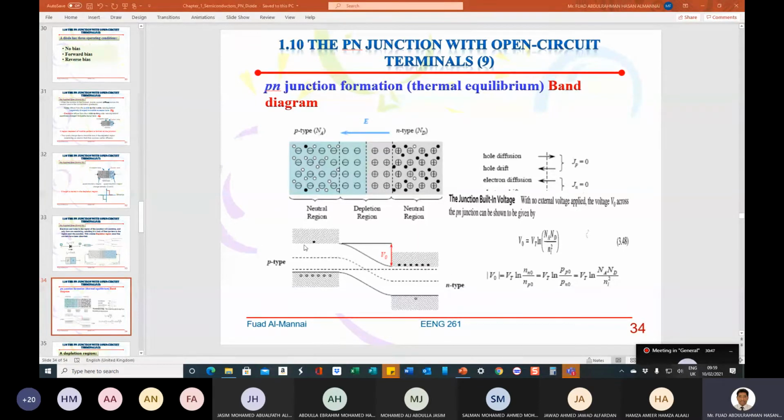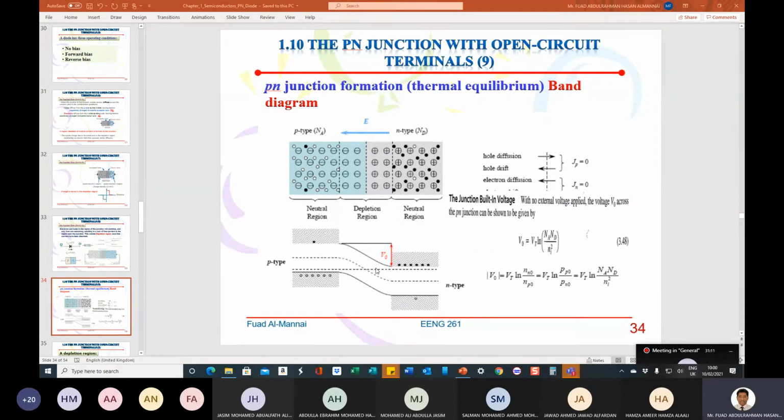You see this? This is the p-type side, and the depletion region is like this, bent. And this one here is the n-type side. You see these are electrons, and over here these are holes. Right now they can't cross. Why? It's because of this bend.